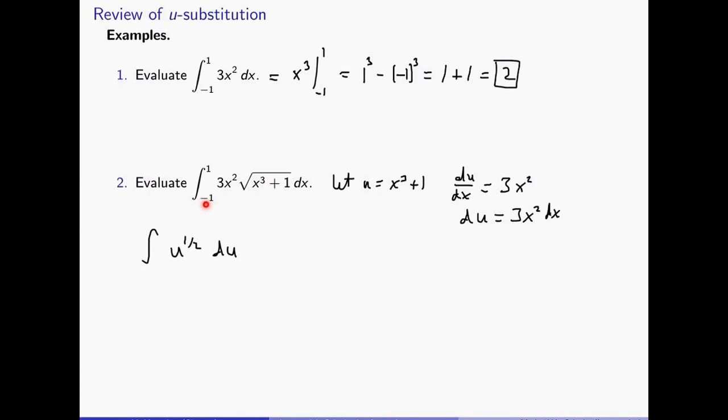We can't just say u equals -1. We have to figure out what u is equal to when x is equal to -1. So when x is equal to -1, u equals -1 cubed plus 1, which is equal to 0.